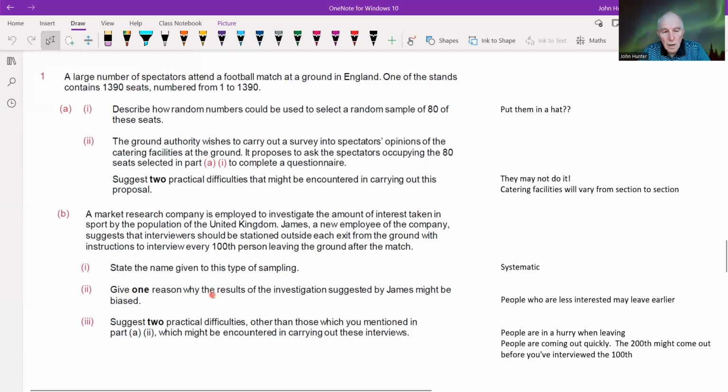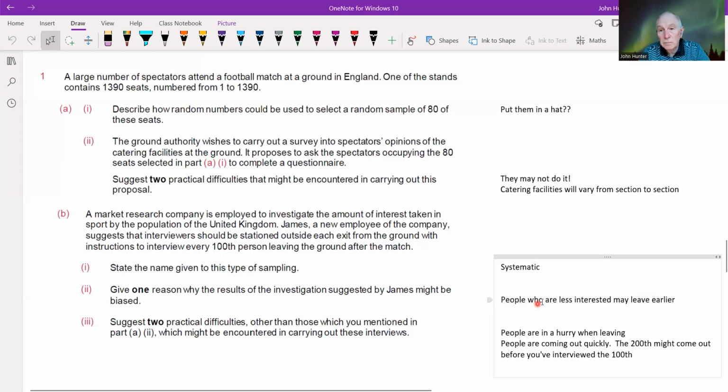Give one reason why the results of the investigation suggested by James might be biased. Well, here we go. People who are less interested in sport might actually leave earlier.